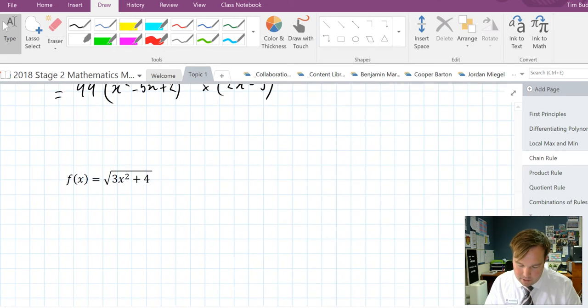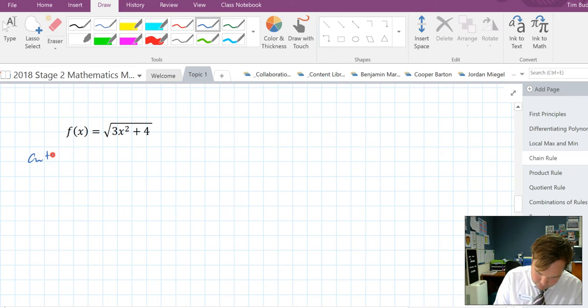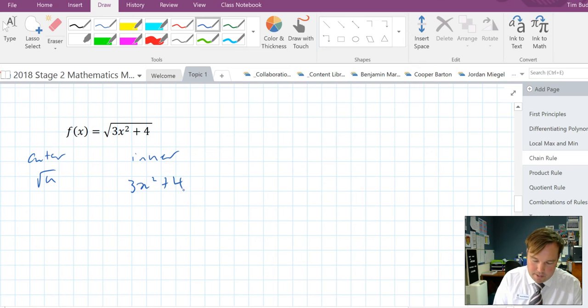All right. More examples. Here, outer. You don't have to write outer every time, but the outer is the square root of u. Inner is 3x squared plus 4.